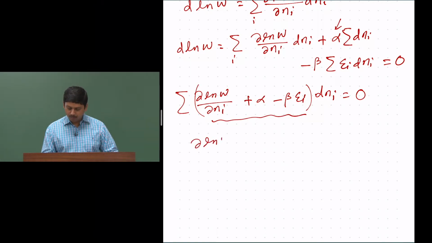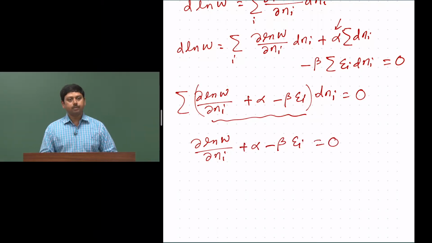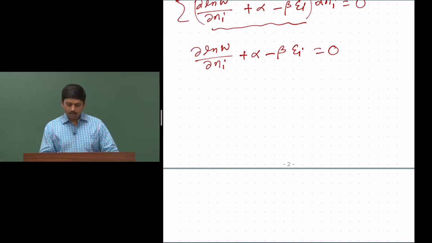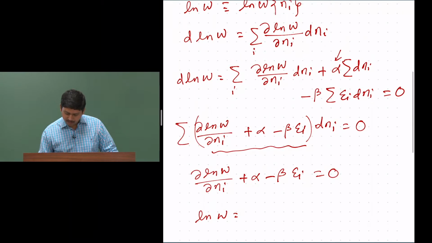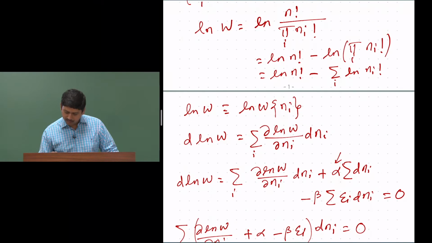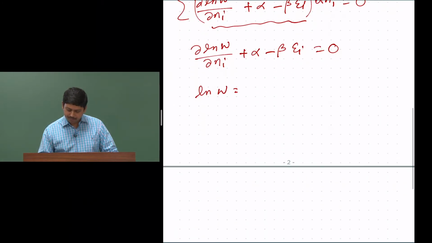So, del ln W by del Ni plus alpha minus beta Ei is equal to 0. What is ln W? ln W is written here, equation 1: ln n factorial minus the sum over i of ln Ni factorial.